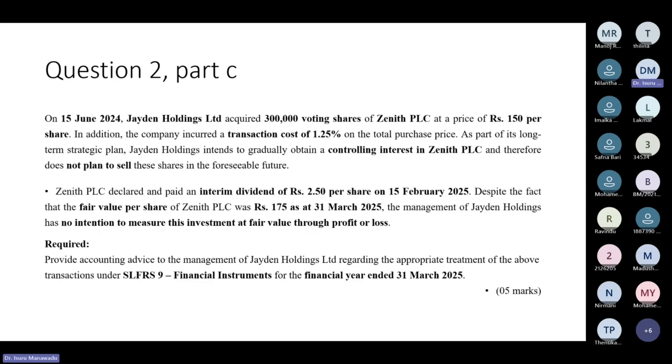Transaction cost: if you classify something under amortized cost, transaction cost should be included in the financial asset itself. If you classify under fair value through OCI, transaction cost should also be included in the financial asset itself. If you classify under fair value through P&L, transaction cost should be charged to P&L rather than the financial asset itself.